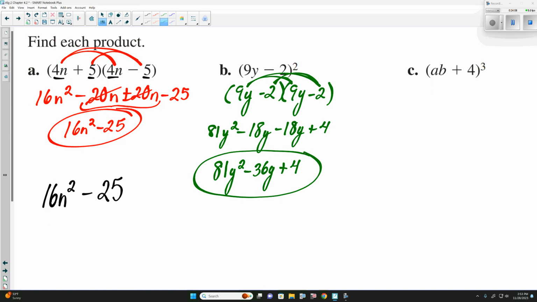And it should end up giving you a cubed b cubed plus 312 a squared b squared plus 1648 ab plus 64 if you worked it all the way out.